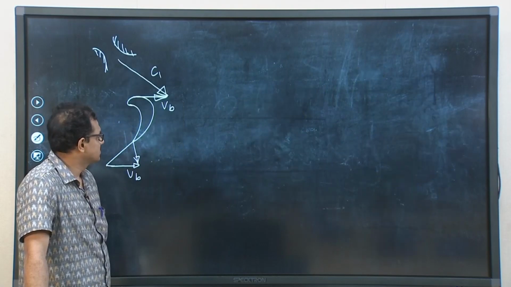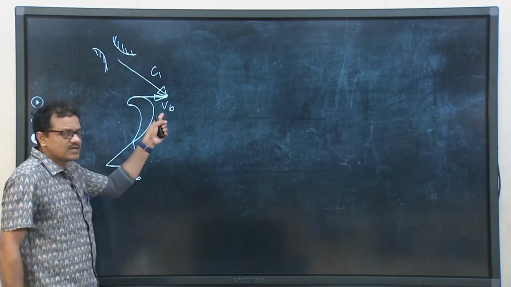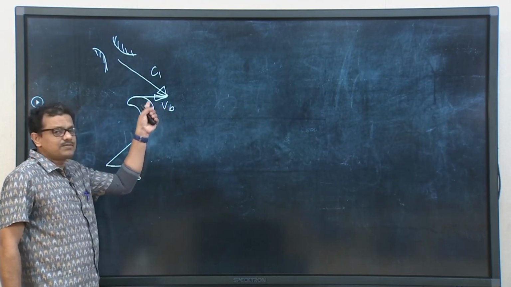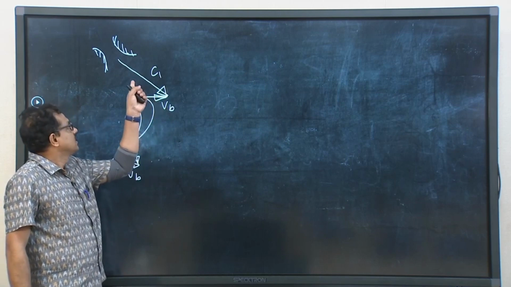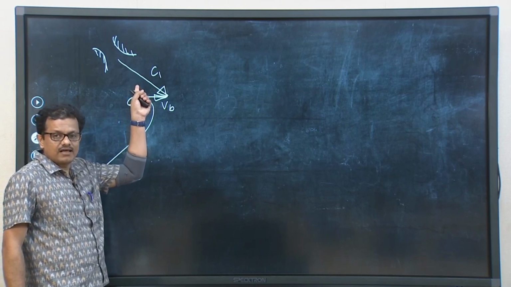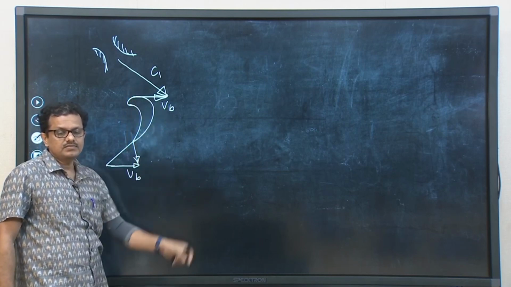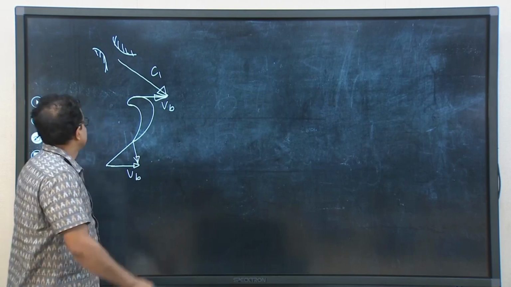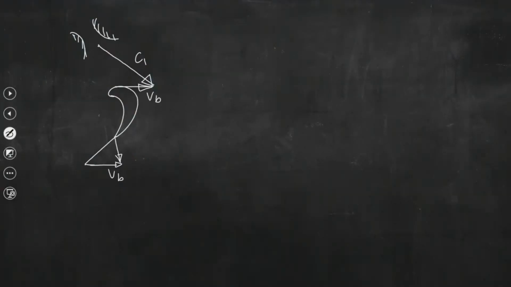So, blades are rotating, as we can see from this schematic. Since blades are rotating, relative to the blade velocity we shall have the relative velocity, and that is W1, and this is the flow angle alpha 1.